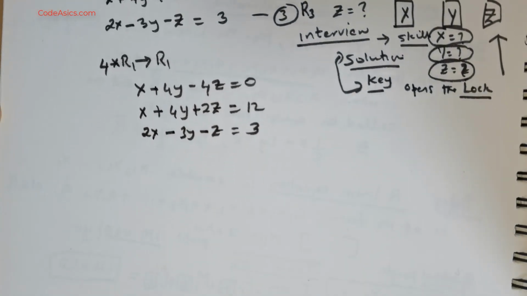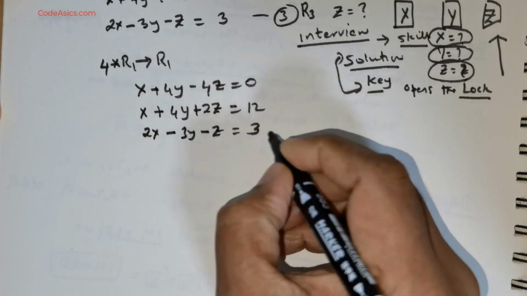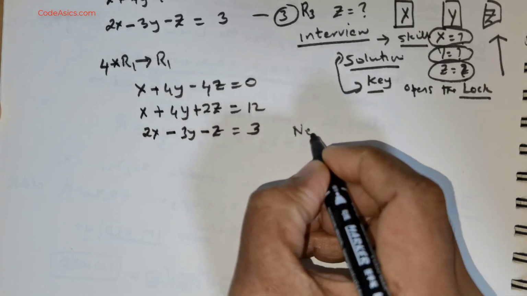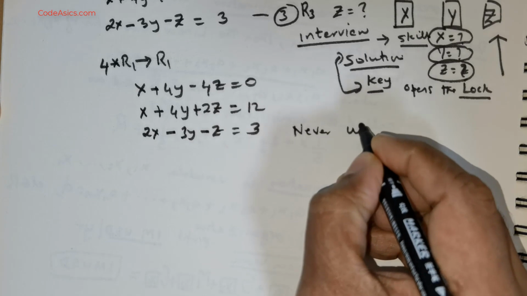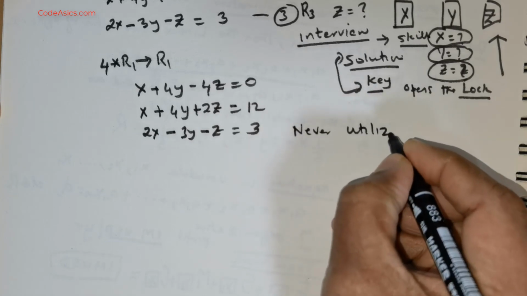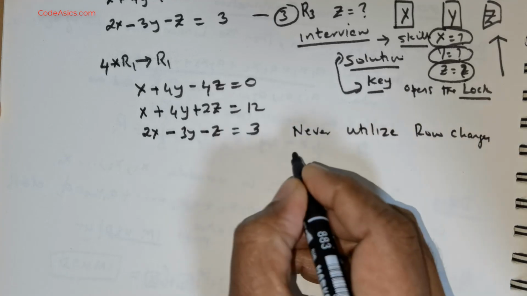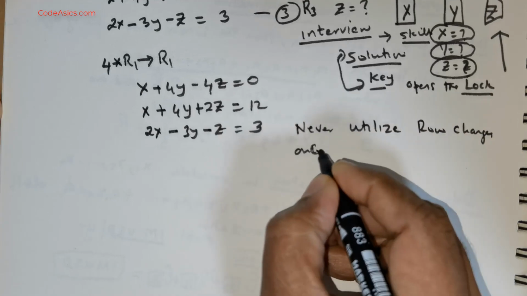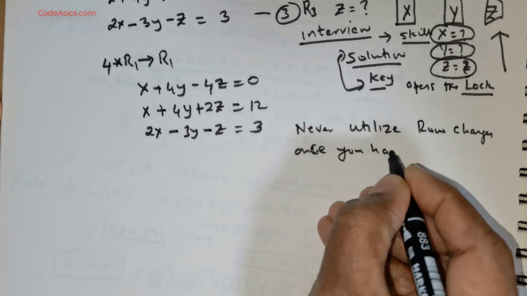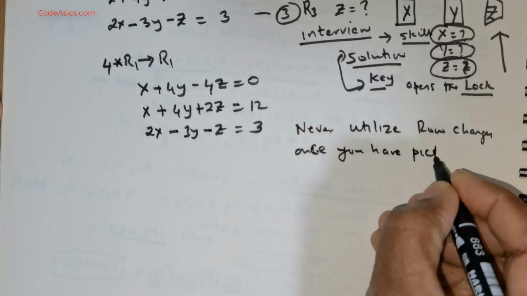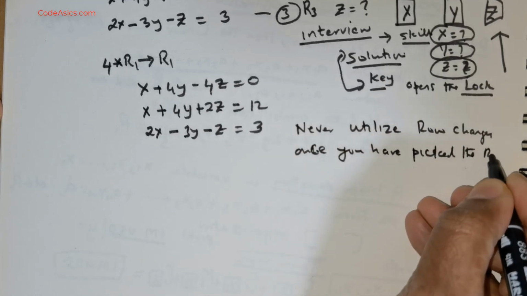The most important point you have to know in solving this is: never change the row you have utilized once you have picked the row.